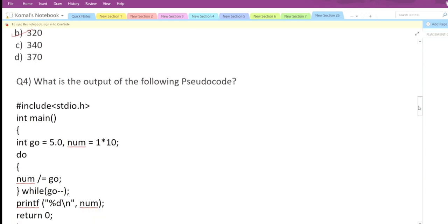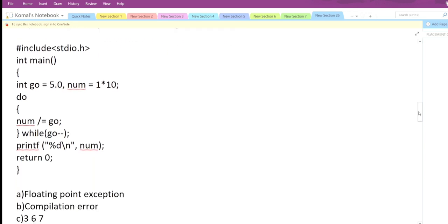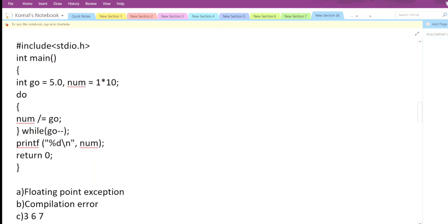So the ASCII value of space is 32. Now moving on to next question, what it is saying, like they have taken one variable go with the value 5.0, another value num as 1 into 10, so it will just normally be 10. Now inside this do, what it is doing, num divide is equals to go.